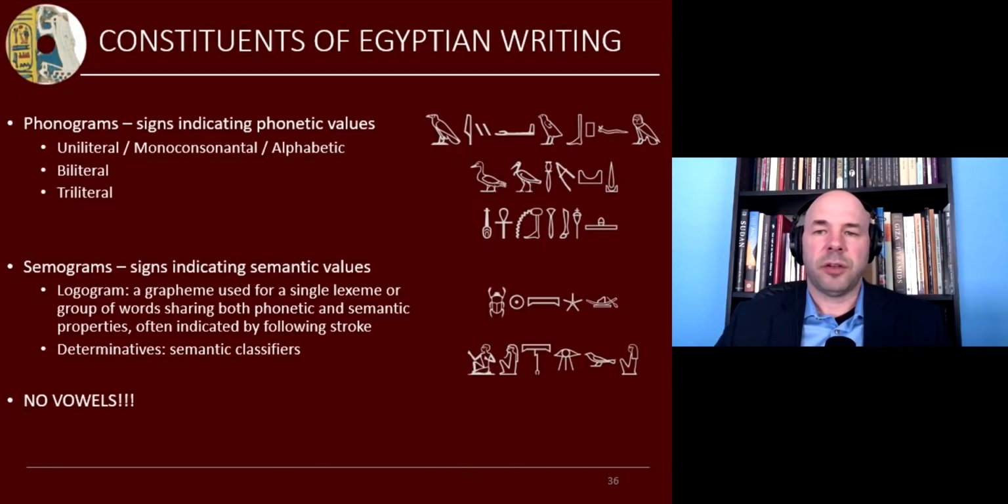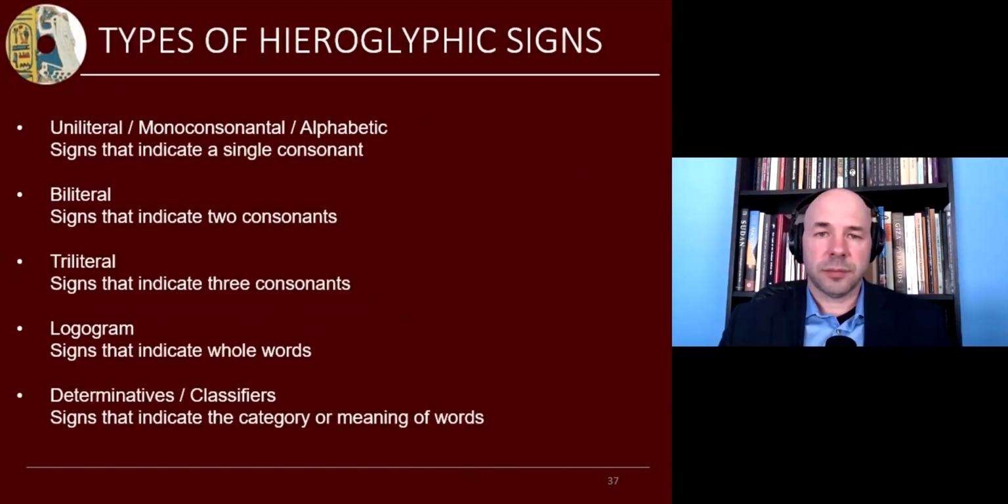And notice that for Egyptian, they don't write the vowels. All of their signs either stand for consonants or are these determinatives.